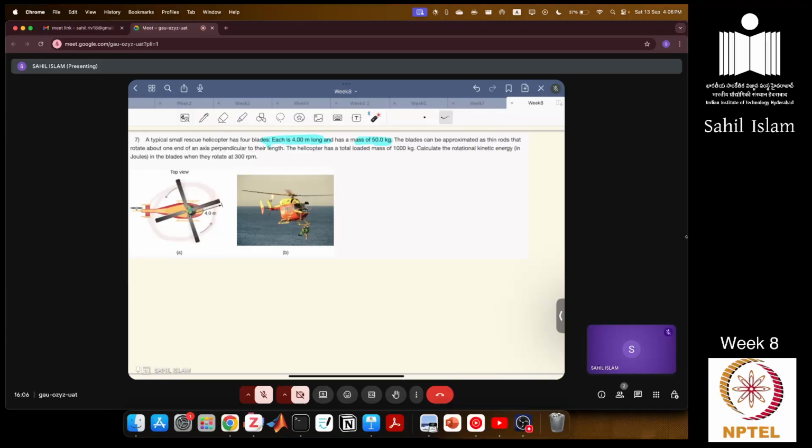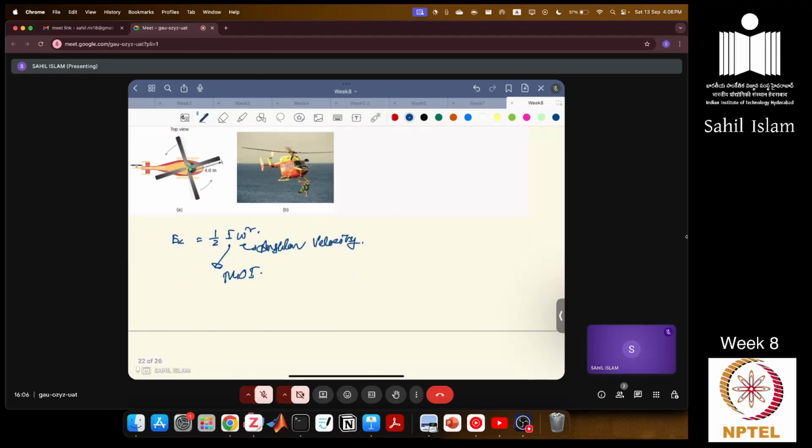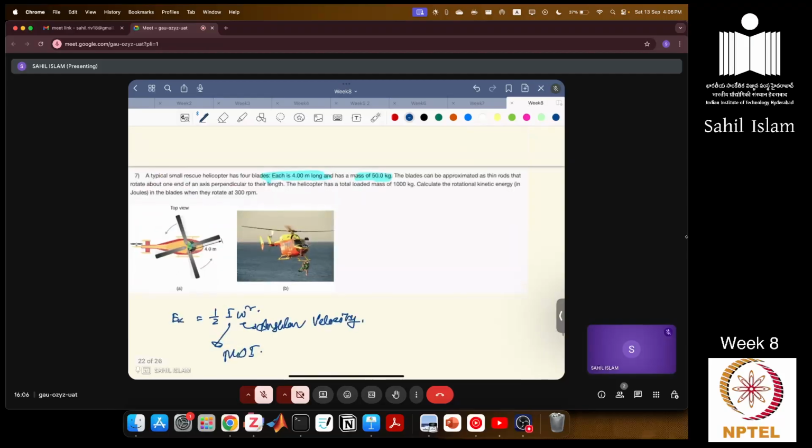So what is rotational kinetic energy? Half I omega square. Omega is the angular velocity and I is the moment of inertia. Okay, so omega is given as 300 rpm. So omega is 300 rotations per minute, which equals 300 times 2 pi by 60 rad per second.